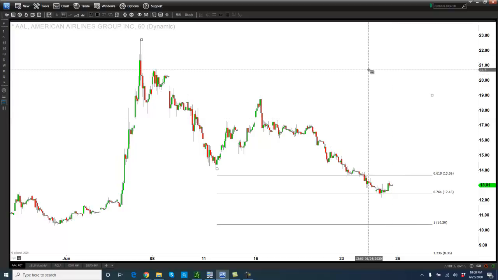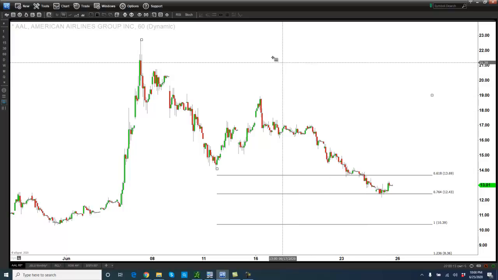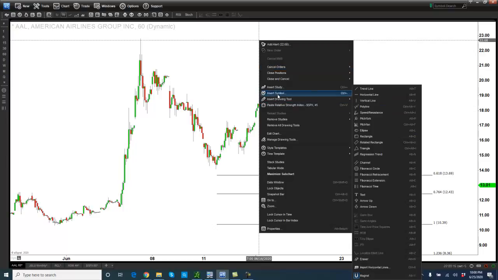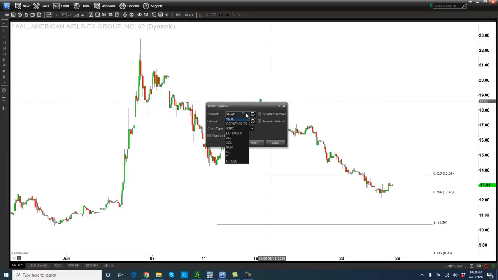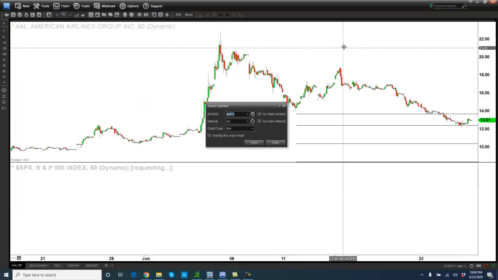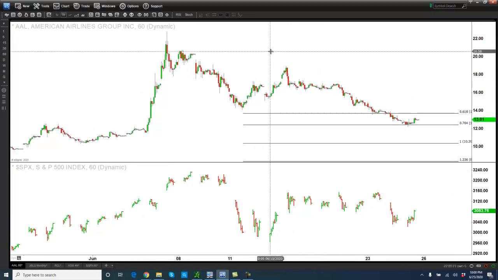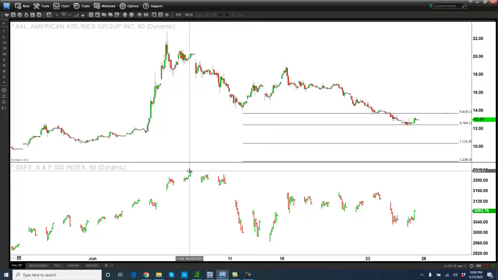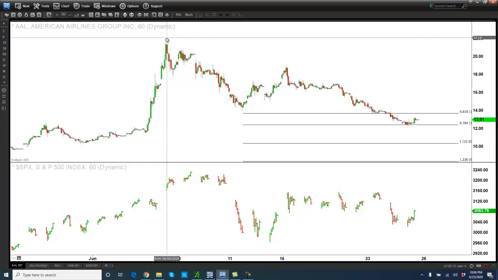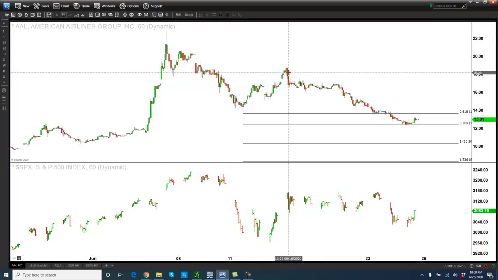When we put any of these instruments on top of the S&P, or the S&P on top of any of these instruments, we can figure out that they are all trading the same way. If you look over here, we can see that American is trading identical to the S&P, and we can see how they peak almost together here, and the secondary peak here is also in agreement.